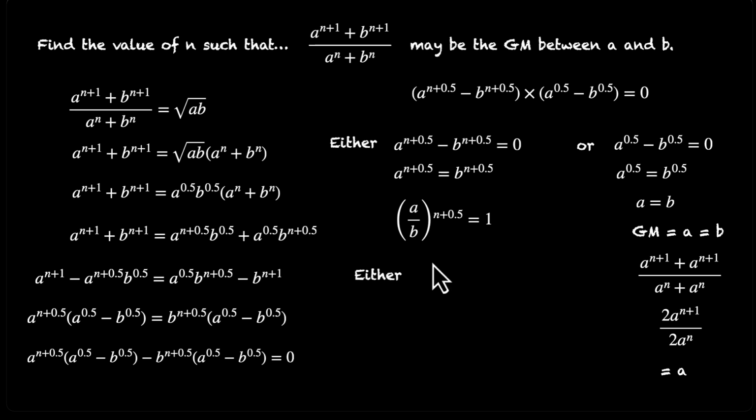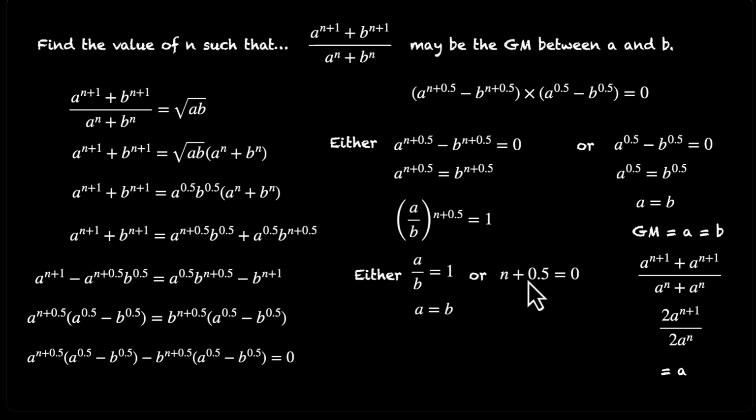So this means either a by b is equal to 1, or if you raise this number to the power of something and you're getting 1, this means the power could be 0. Think about it. You raise any number to the power 0, you will get 1, except 0 of course. So either a by b is 1, which means a equals b, and we have covered this case, so we'll ignore it.